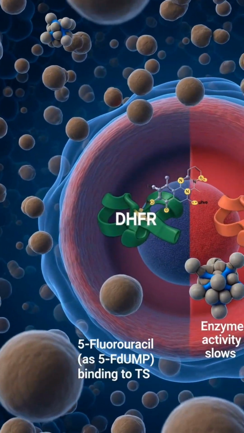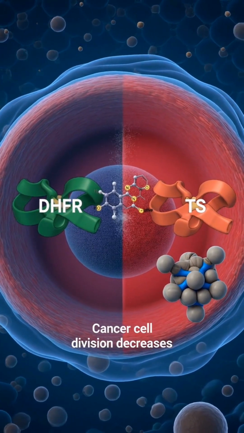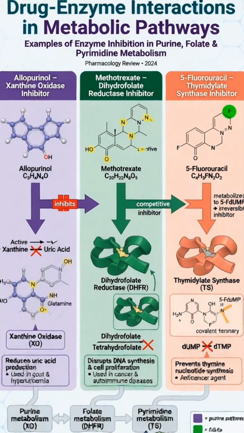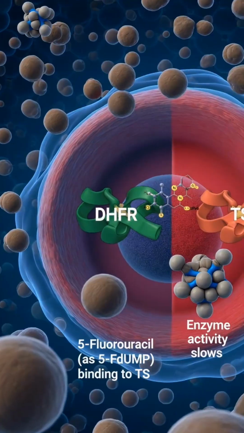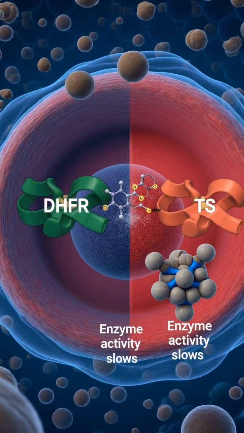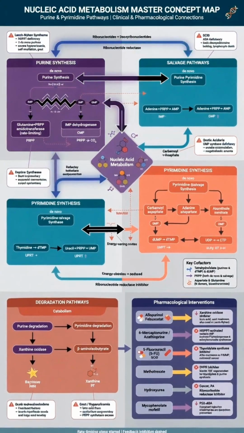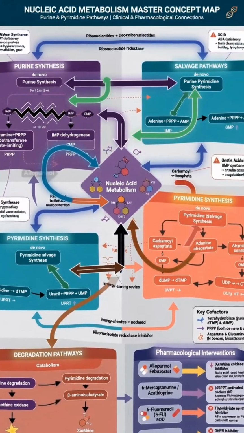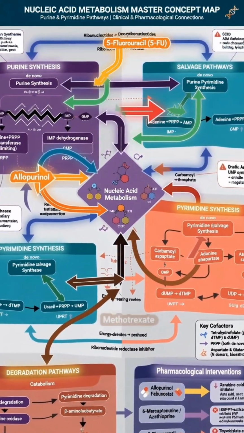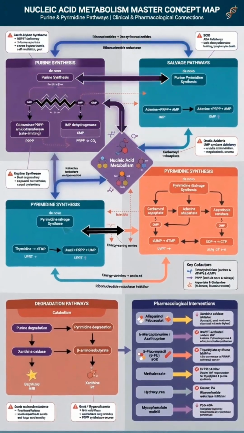Then there are medications that work by altering nucleotide metabolism. If you go to allopurinol, which inhibits xanthine oxidase and reduces uric acid production, then we have methotrexate also, which interferes with folate metabolism and nucleotide synthesis.